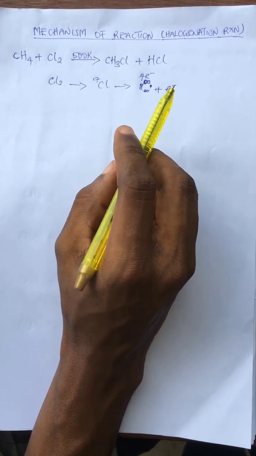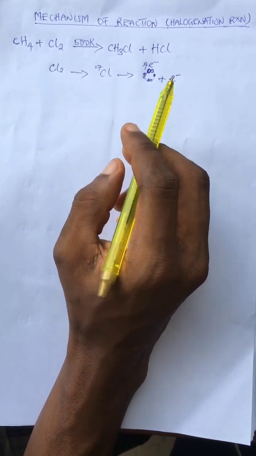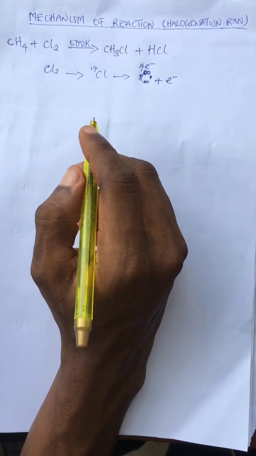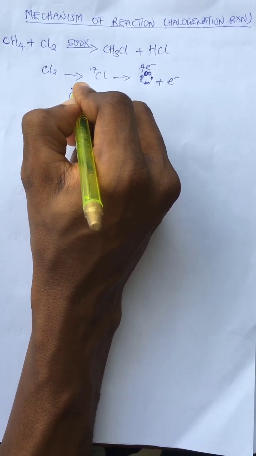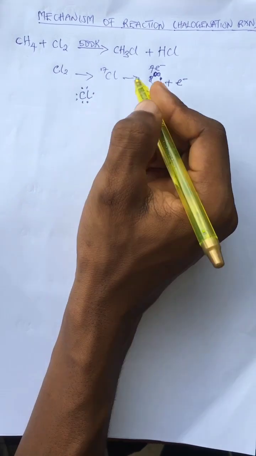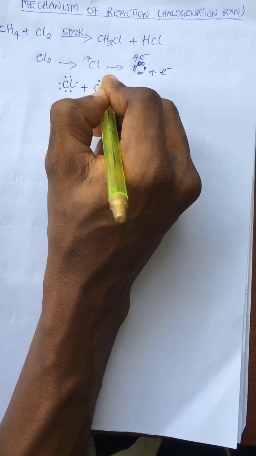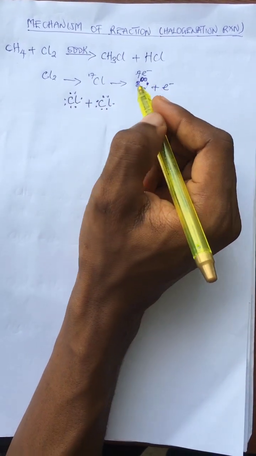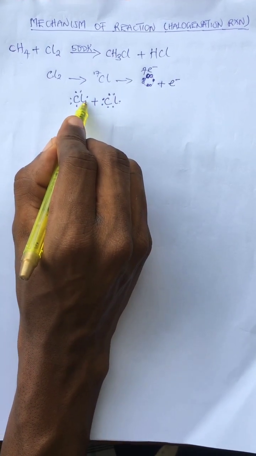So 2 chlorine atoms with 7 electrons each, when they come together to form a covalent bond, become stable. The first chlorine has 1, 2, 3, 4, 5, 6, and 7, and another chlorine atom has 1, 2, 3, 4, 5, 6, and 7. This one needs 1 more electron and this one needs 1 more electron.